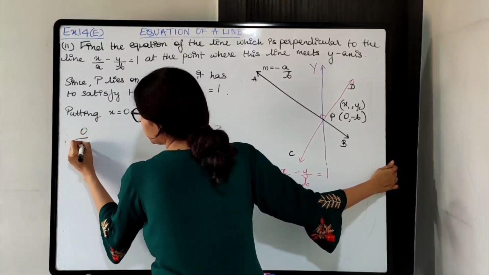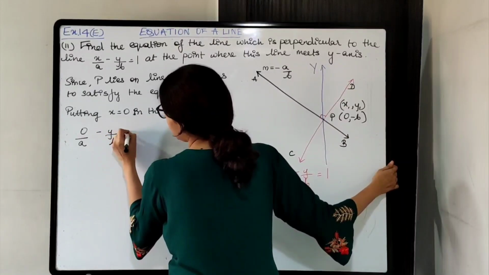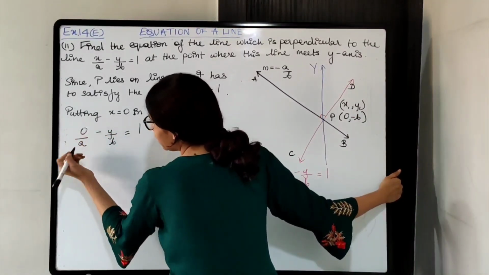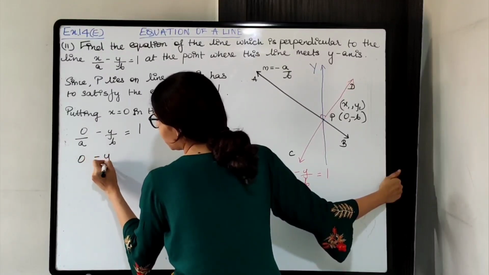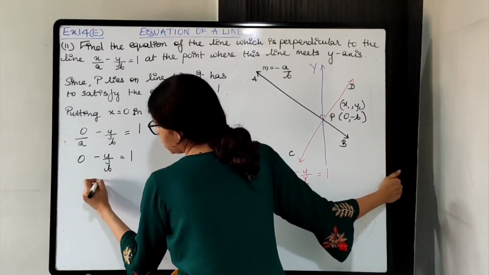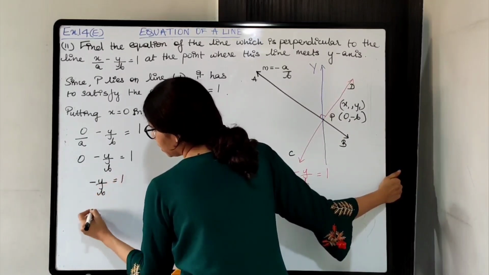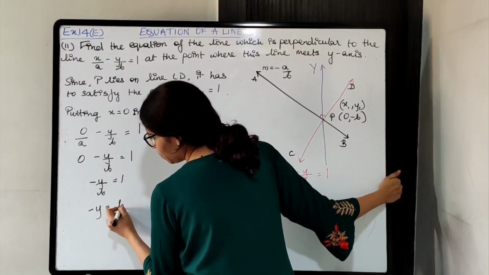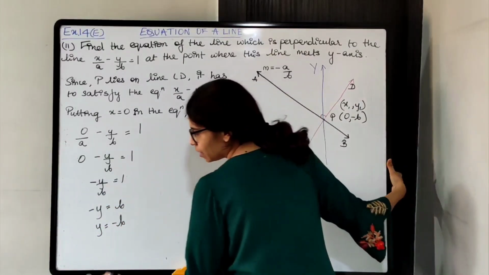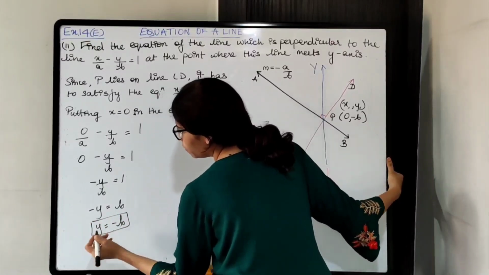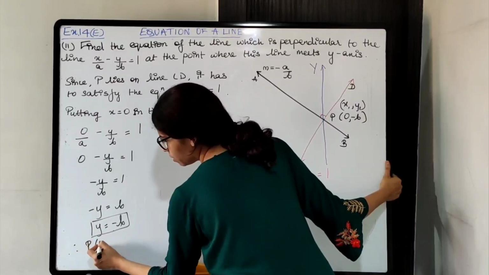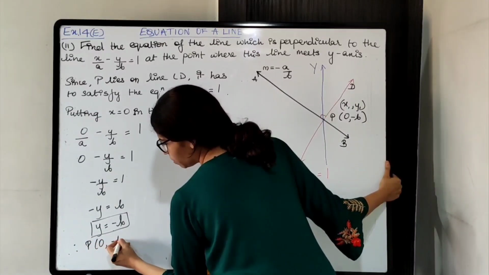So 0 upon a minus y upon b equals to 1. Okay, we need to find the y coordinate. 0 upon a will be 0, minus y upon b equals to 1. So minus y upon b is equal to 1, that is minus y is equal to b, that is y is equal to minus b, right? So we got the y coordinate of point P. Therefore P is 0 comma minus b.